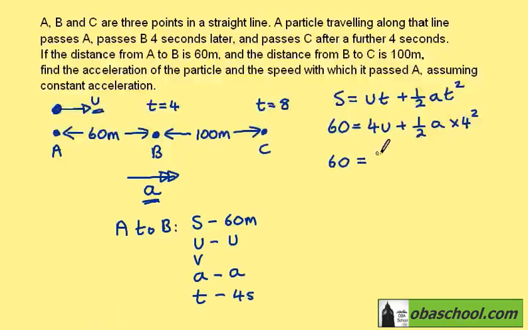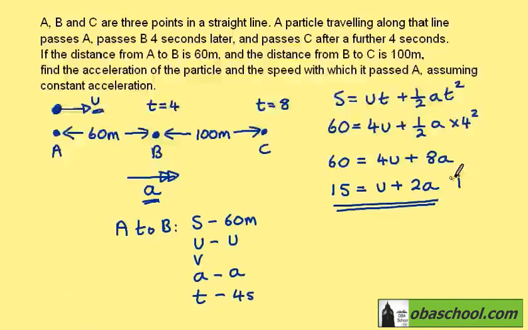This is 60 is equal to 4u plus a half of 16 is 8, so 8a. We can divide through by 4, giving 15 is equal to u plus 2a, and we'll call this equation 1.